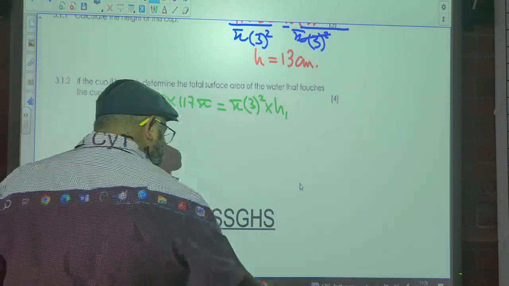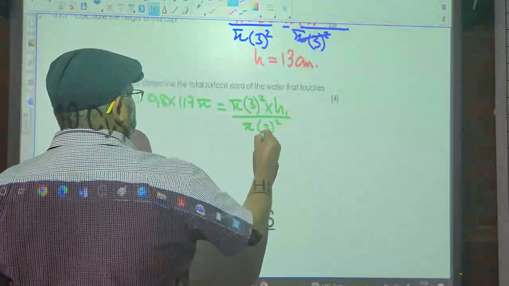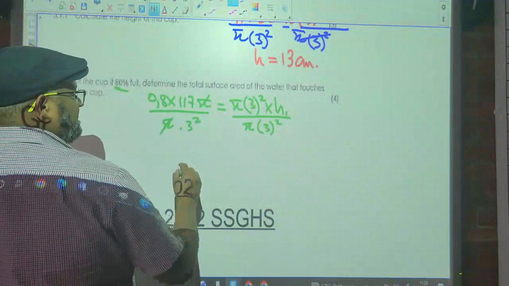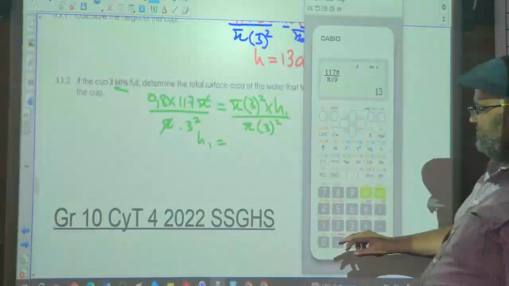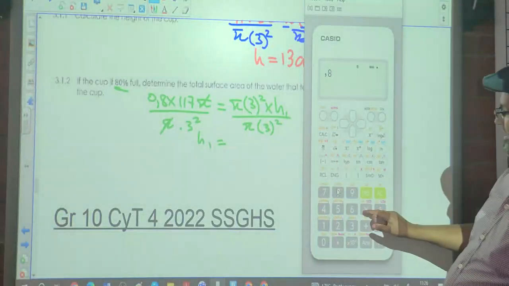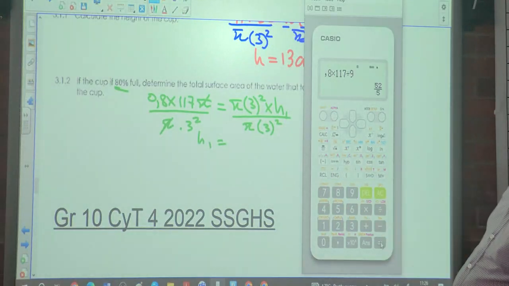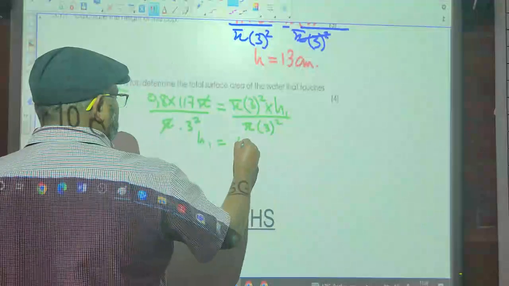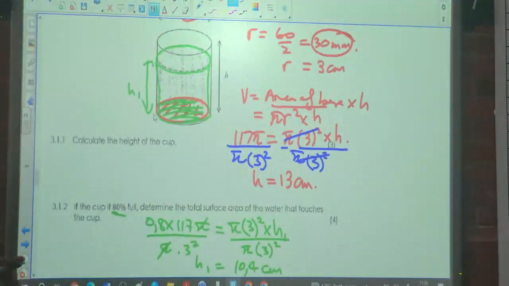To get that height on its own, I divide both sides by pi times 3 squared. So that cancels. So H1 is going to be 0.8 times 117 divided by 9. It's going to give you a height of 10.4 centimeters.